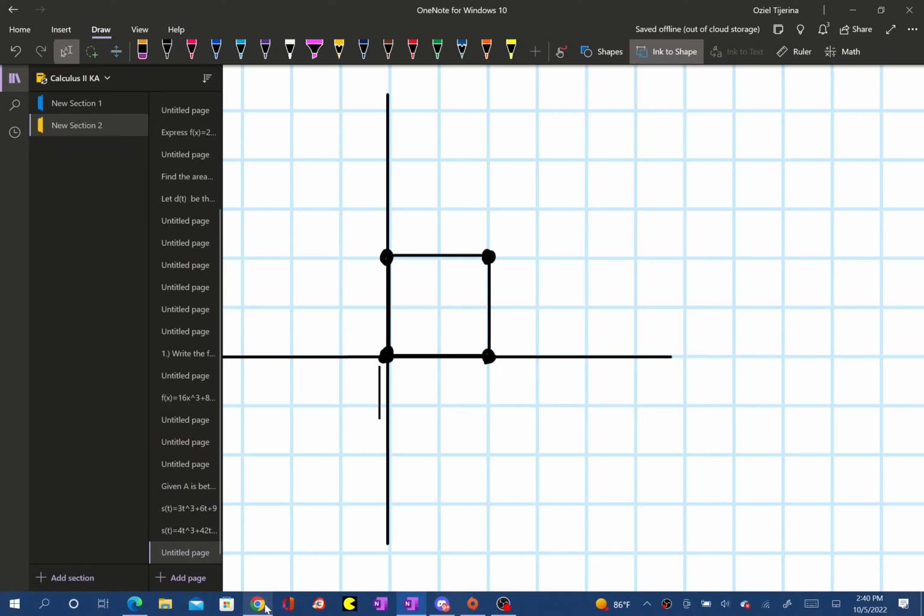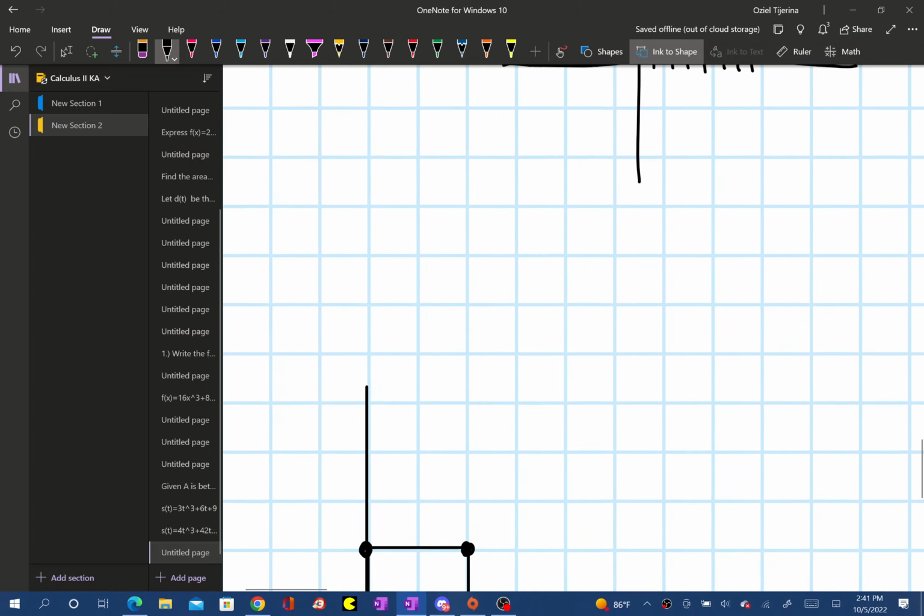Now, what if I said that the radius, because in reality, if you think about it, I believe that the, well, actually I'd be wrong.